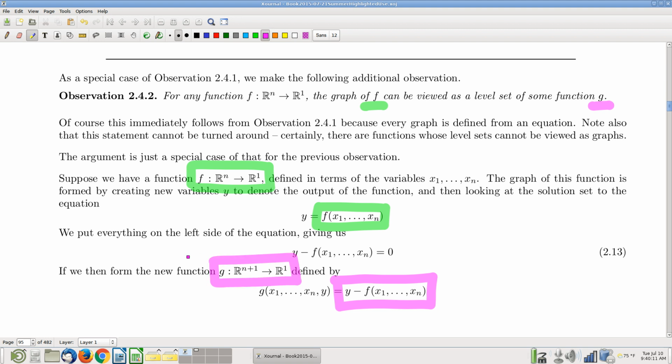You can see right there in the formula. In order to compute this function I have in purple called g, I need to know x1 through xn. That's n variables, but I also need to know y. So don't make the mistake of sloppily interpreting this statement as saying a graph of f is a level set of f. It's not. Of course not. But a graph of f is a level set of a different function, g.